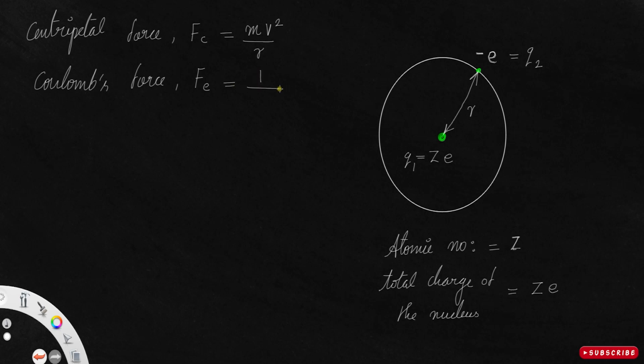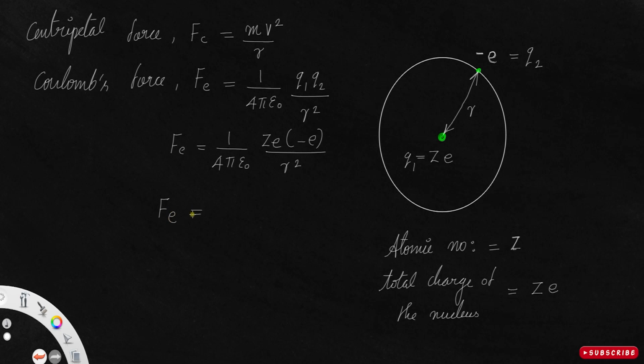And its value is 1 by 4 pi epsilon 0 Q1 Q2 divided by the square of the distance between the charges. So Fe will be 1 by 4 pi epsilon 0, Q1 is Ze, into Q2 which is minus e, divided by r square, the square of the distance between the charges.